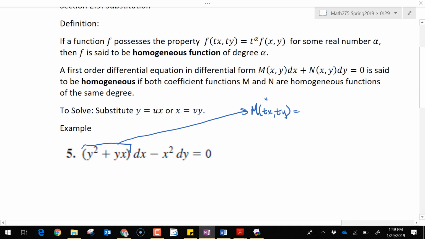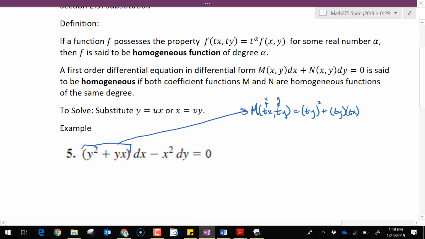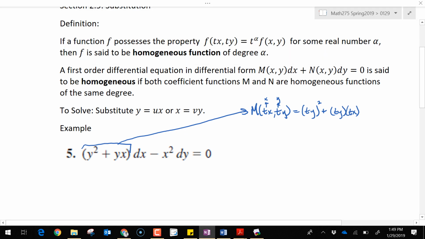So wherever I see an x, I'm going to put tx, and whenever I see a y, I'm going to put ty. All right, so this is my y squared plus y times x business.